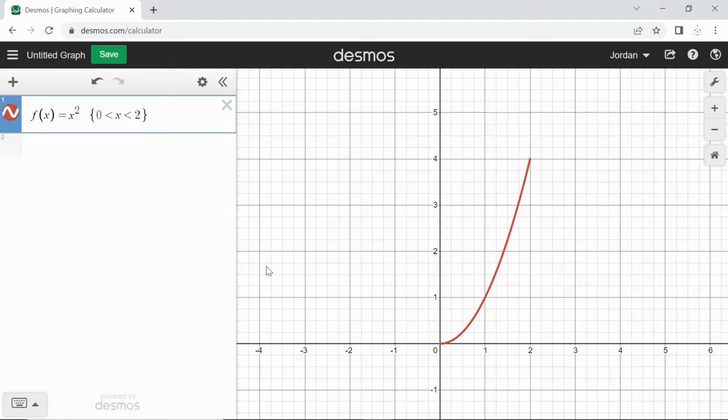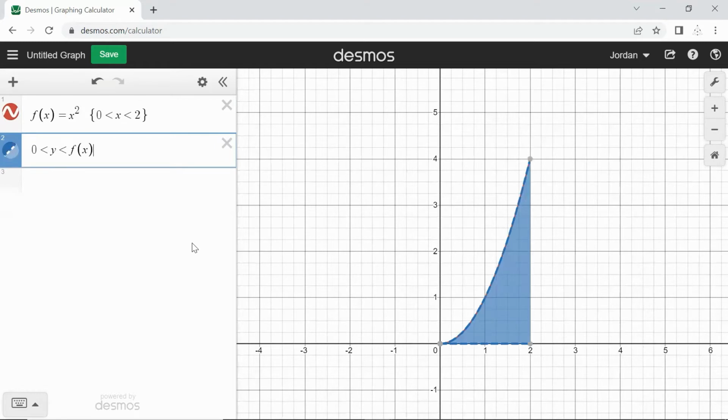Another way to think of this is talking about the area underneath. If you think about what the area underneath does, the area underneath gives us this. Area is a two-dimensional object.